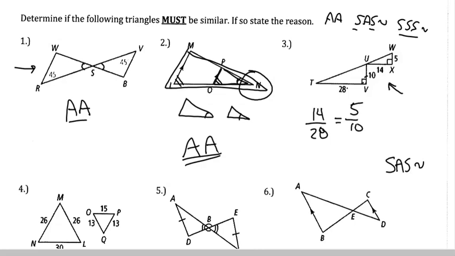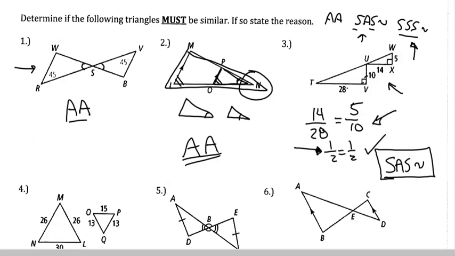Are those proportional? 1/2 and 1/2? Yep. So you have to have that in your explanation before you're able to use an S in your explanation. So if you're using SAS of similarity or SSS of similarity, you need to show the work showing that those sides are proportional.